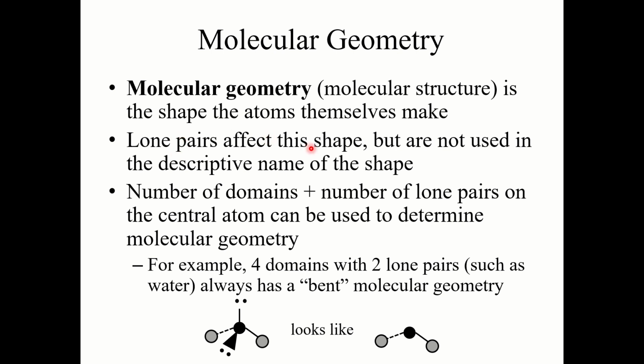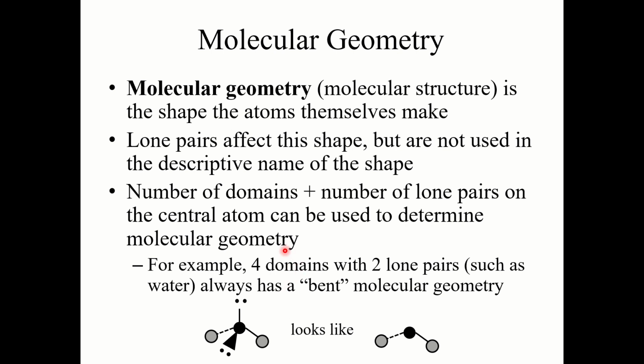Lone pairs affect the molecular geometry shape. The reason for this is that lone pairs have a bit stronger of a repulsive force than bonds do. So lone pairs will distort the geometry a little bit because it's a more concentrated region of electrons, so it pushes the bonds a little further away and bends the shape a little bit.